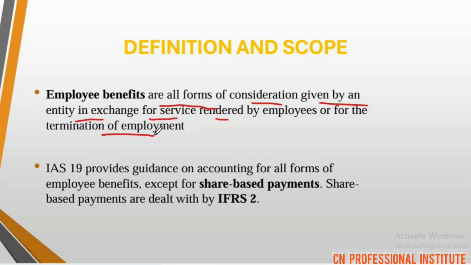So we have so many examples: wages, salaries, pension contributions, annual leave, sick leave, and non-cash benefits like cars given by the entity to the employee. We have so many forms of employee benefits, so we'll look at them in more detail.